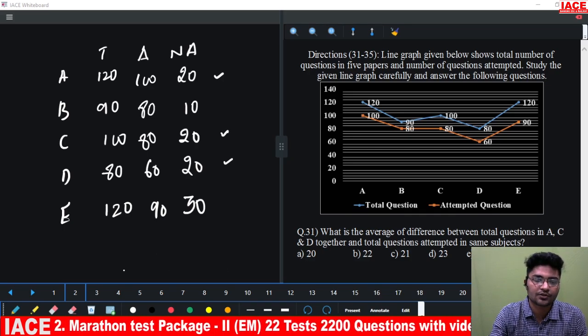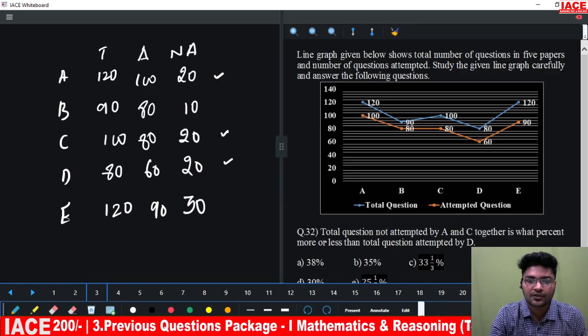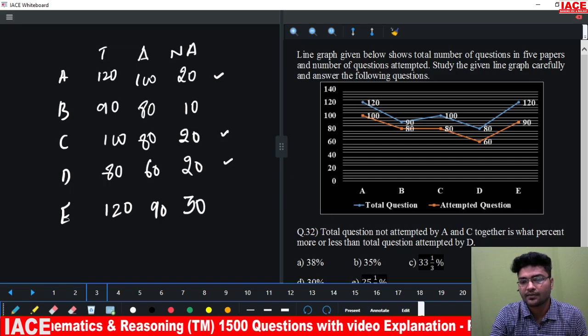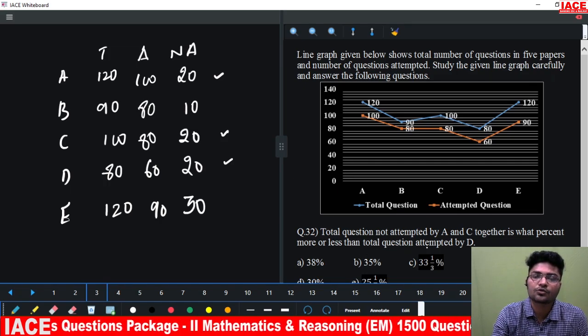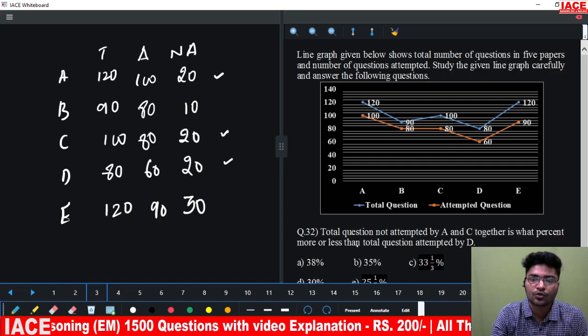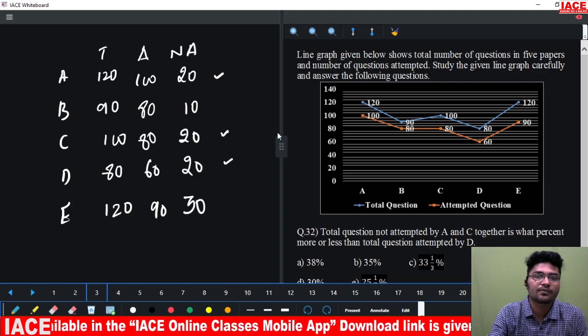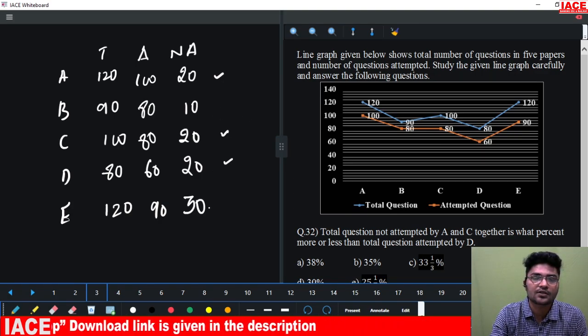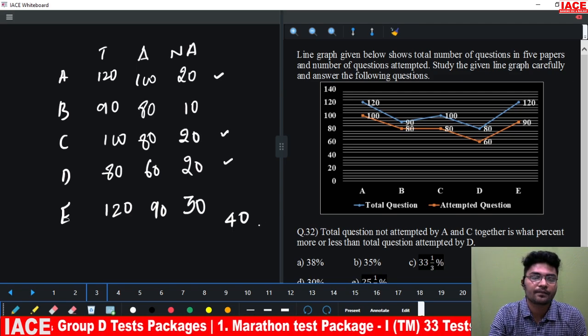Moving to the next question. We have a line graph. Total questions non-attempted by A and C together is what percentage more or less than total questions attempted by D? Non-attempted by A and C together is 40. Is what percentage more or less than total questions attempted by D?